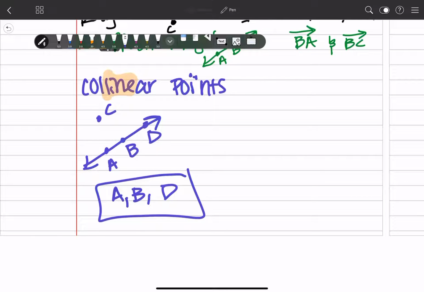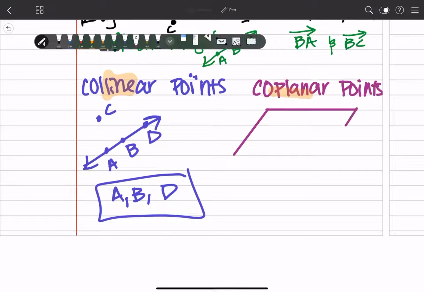Another one that we are going to need to talk about are coplanar points. So what that means, and you guessed it, it means that they're on the same plane. So I'm going to go ahead and draw my plane. And again, yours doesn't have to be perfect. And yes, it has to be kind of like this shape.